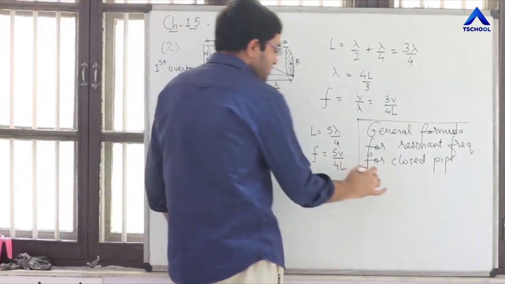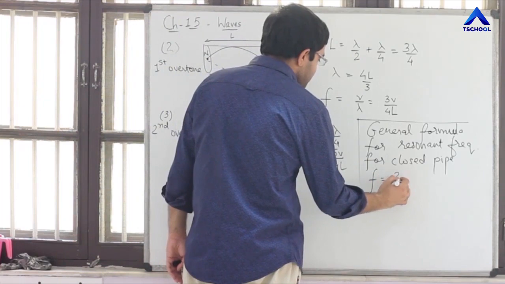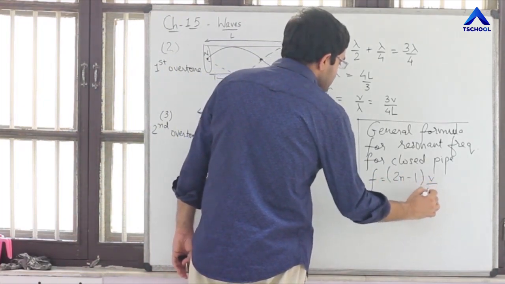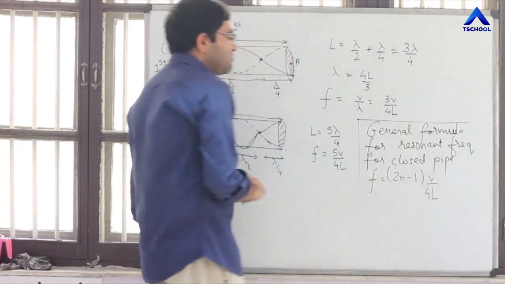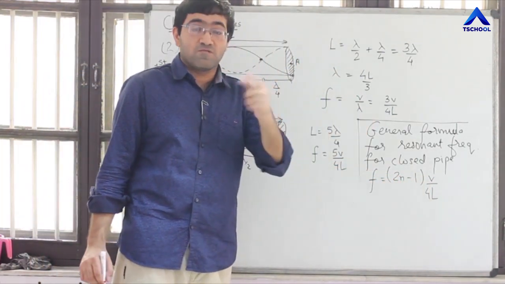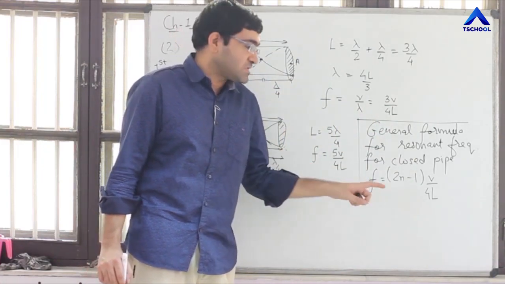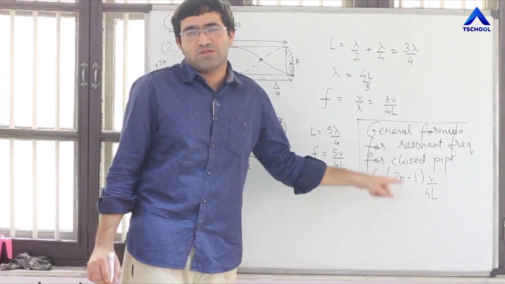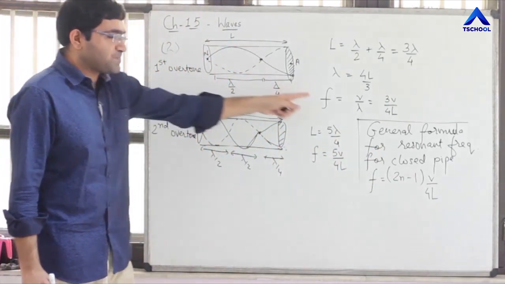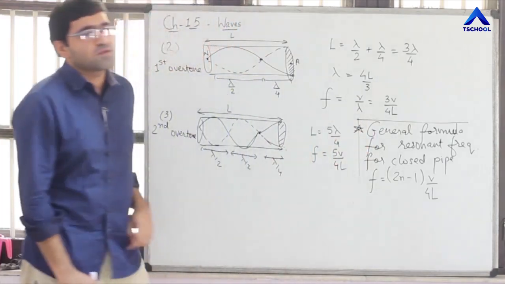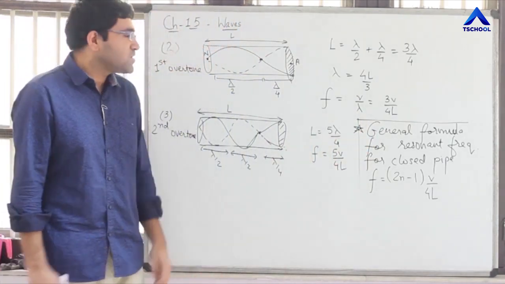Those give you the odd numbers. We are going to choose 2n minus 1, so that you can start with 1. So it is (2n minus 1)V by 4L. Again, if you put n is 1, you get 1V by 4L, which is fundamental frequency. If you put n is 2, you get 3V by 4L, which is the first overtone over here. So don't forget this formula. It will help you solve many problems.